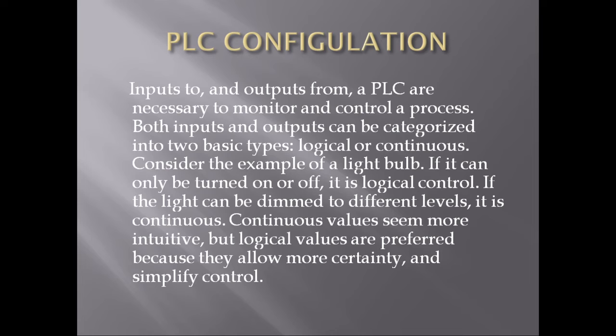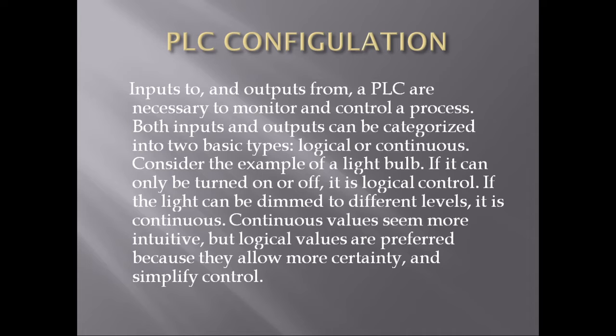Inputs to, and outputs from, a PLC are necessary to monitor and control a process. Both inputs and outputs can be categorized into two basic types, logical or continuous. Consider the example of a light bulb. If it can only be turned on or off, it is logical control.